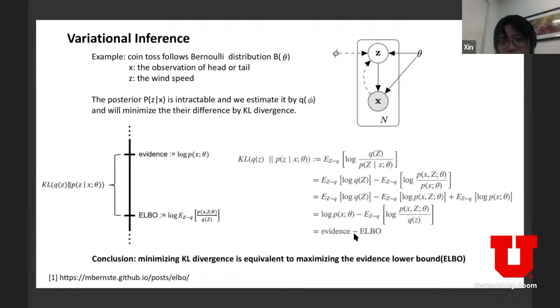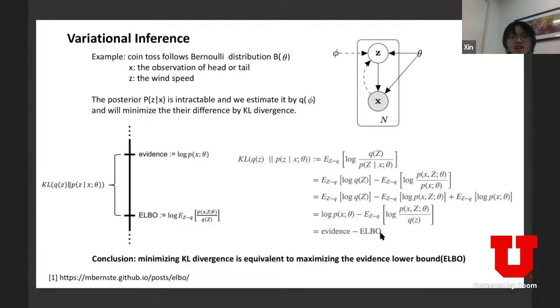Actually, it's equivalent to the evidence minus the ELBO. Because the evidence P(X given theta) is the model, it's not related to Z, so we can consider it a constant. So minimizing the KL divergence is equivalent to maximizing the ELBO.